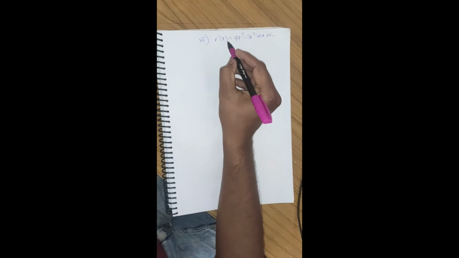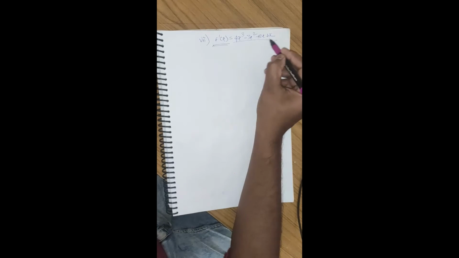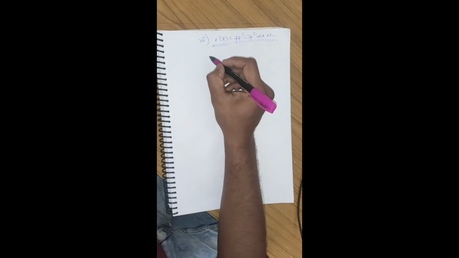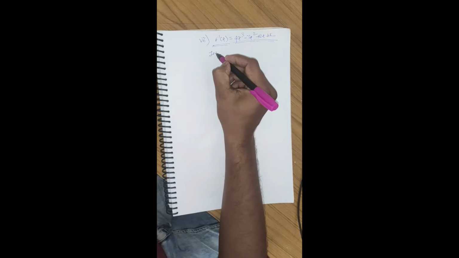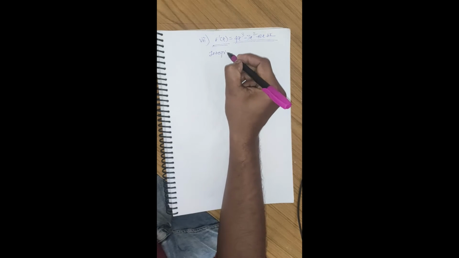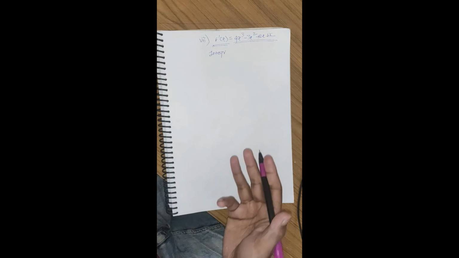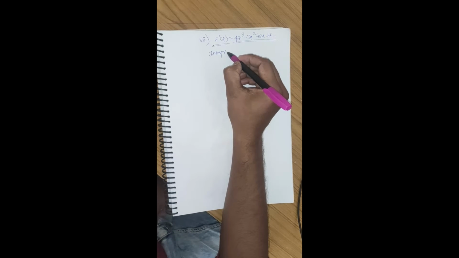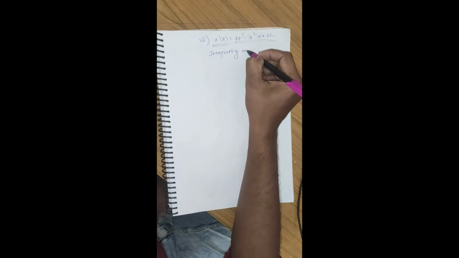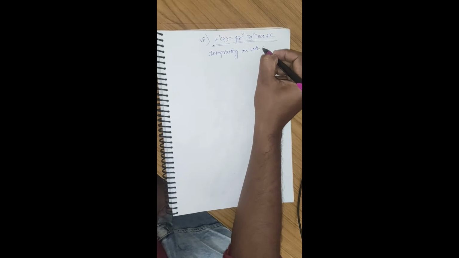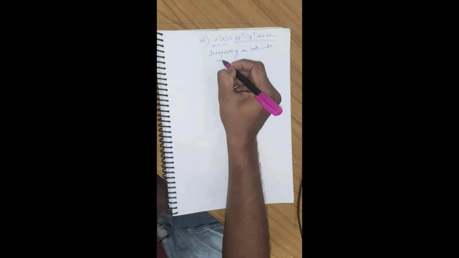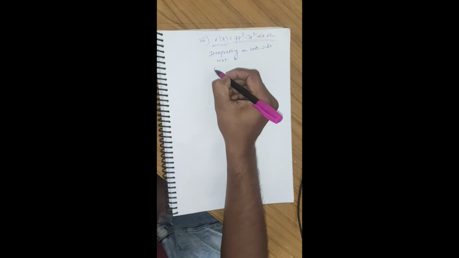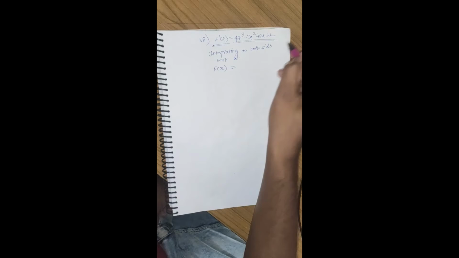So again, you know that after integrating on both sides, we are going to get f of x. This is another way to write what I did in the last problem. So you can directly write integrating on both sides with respect to x. So this directly will become f of x, and you can integrate this.